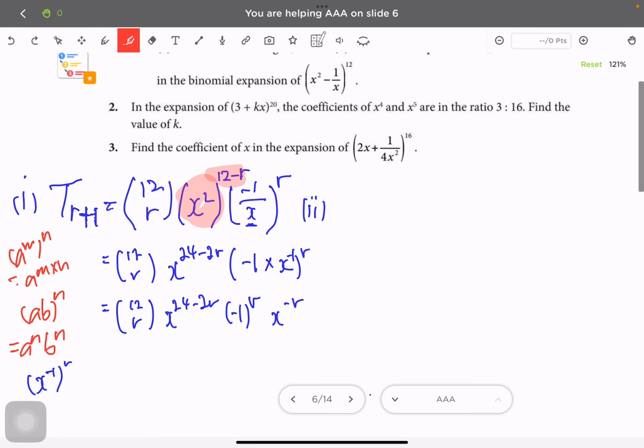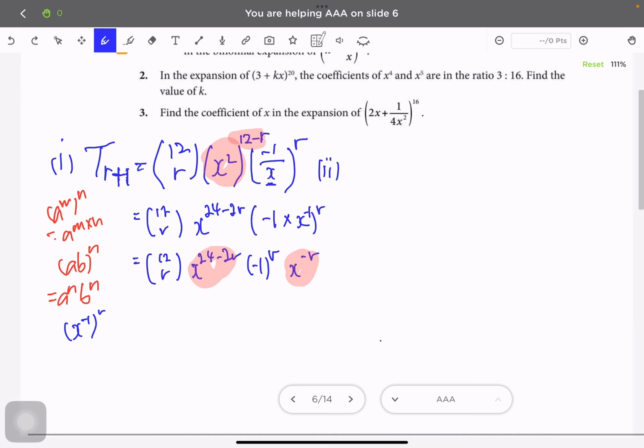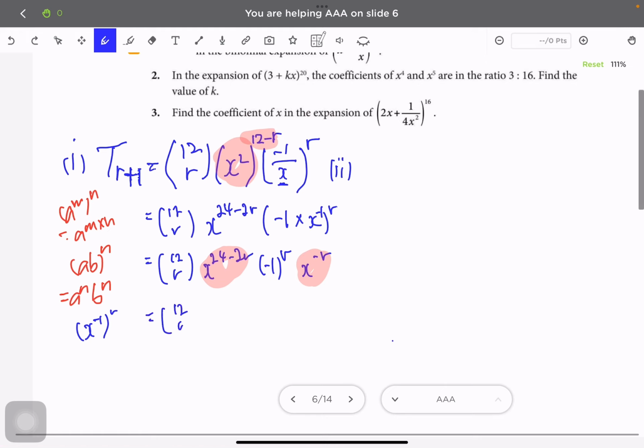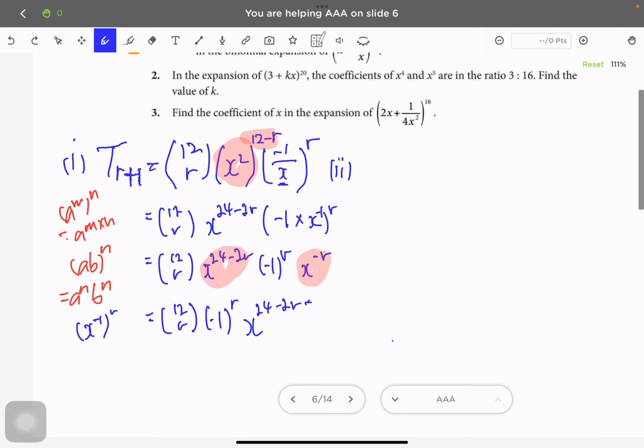Then I can actually combine the x together. When it's multiplying, the power is adding together. So at the end, I will actually get x to the power of 24 minus 2r plus minus r. If I write down the final answer, 24 minus 2r plus minus r will give you 24 minus 3r.